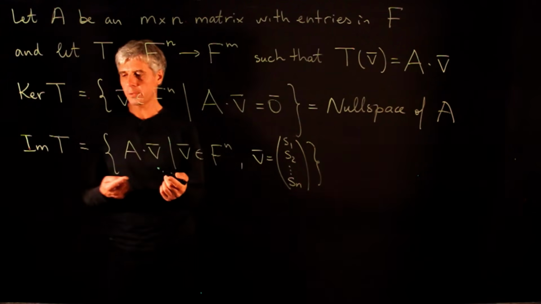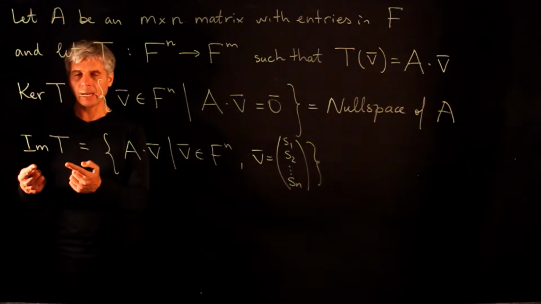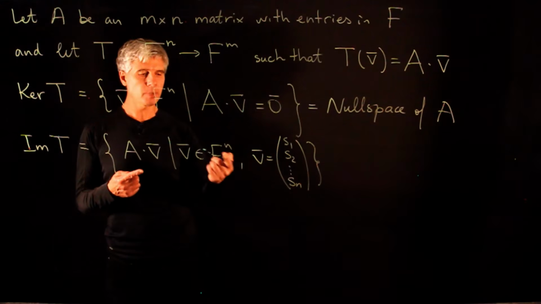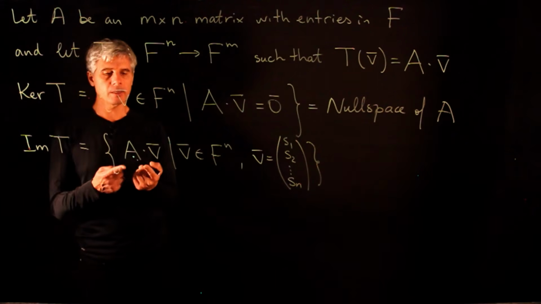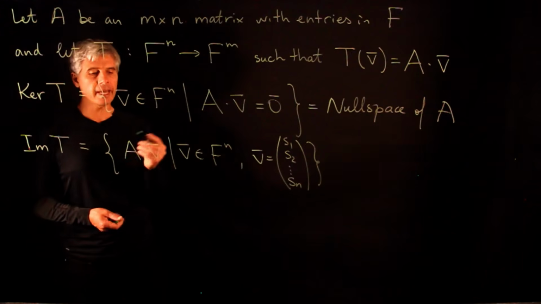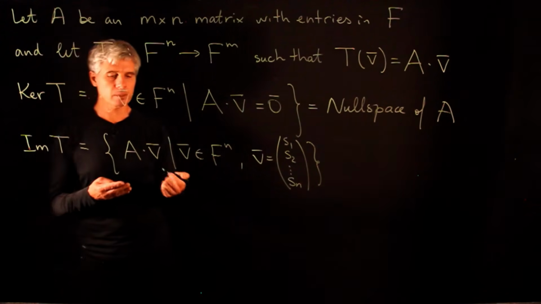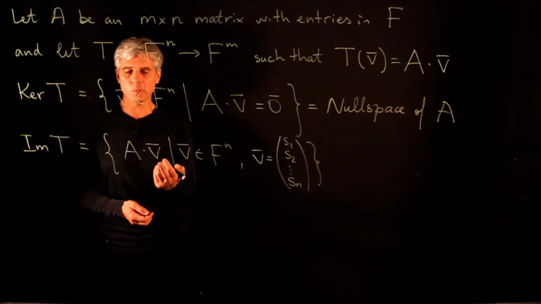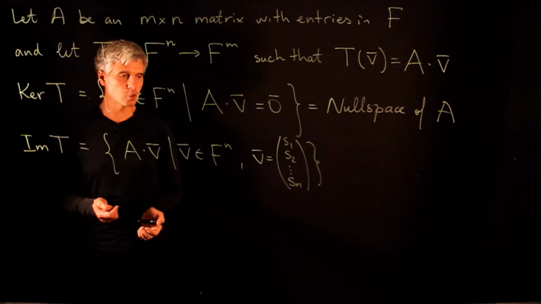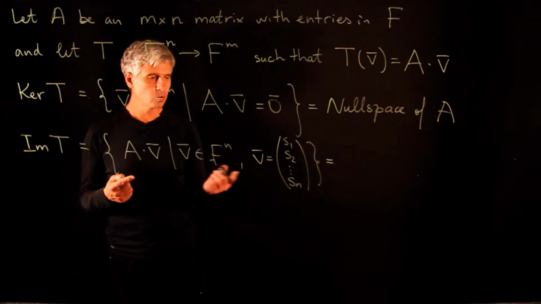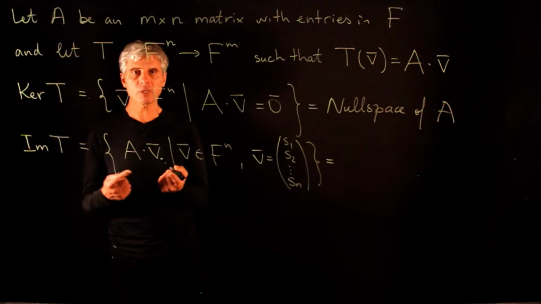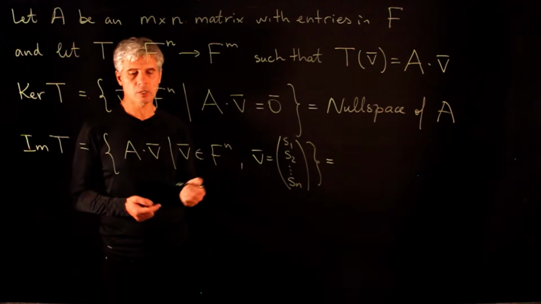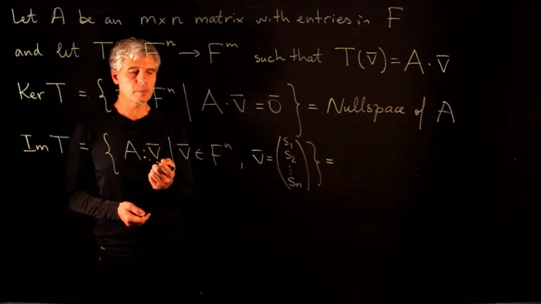So to construct the image of T, we take all possible vectors from Fn and multiply them by the given matrix, and we collect all results. This collection of all possible results of the product of a matrix with a vector is called the image of T. In order to understand the structure of this set, we should use the vector interpretation of the product of a matrix times a vector.